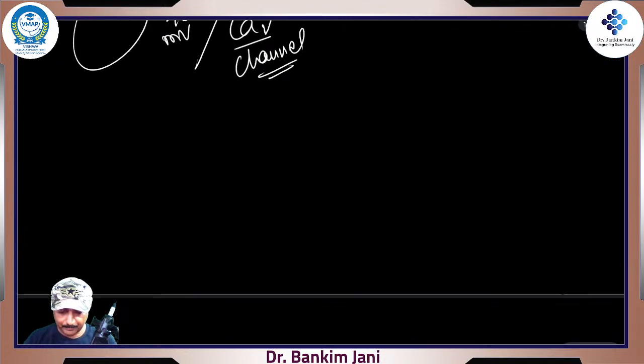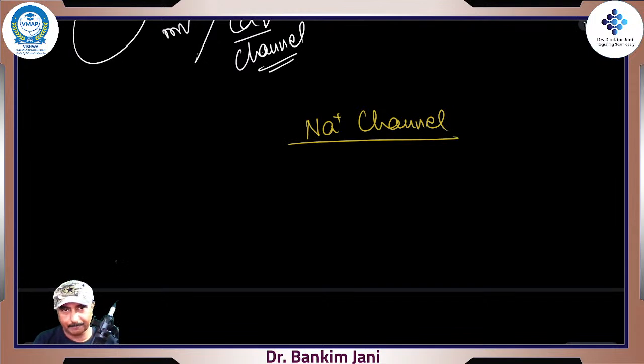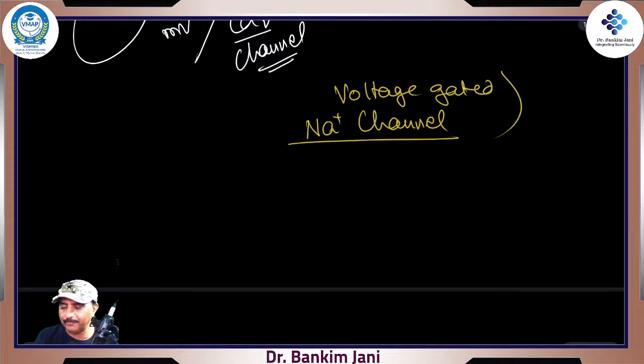What if we now talk about the abnormalities or the clinical things? Think about those sodium channels. Those sodium channels were voltage gated, right? What if we stop these voltage gated channels?